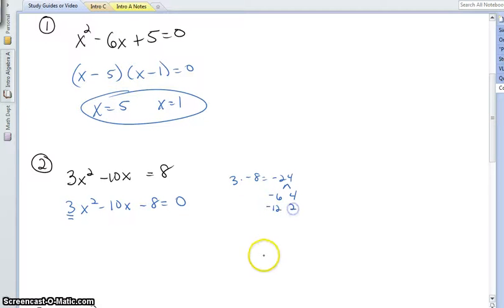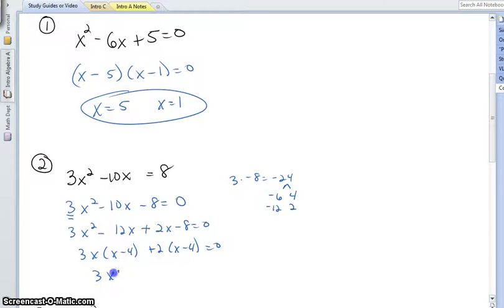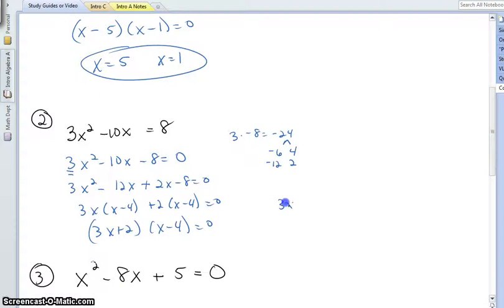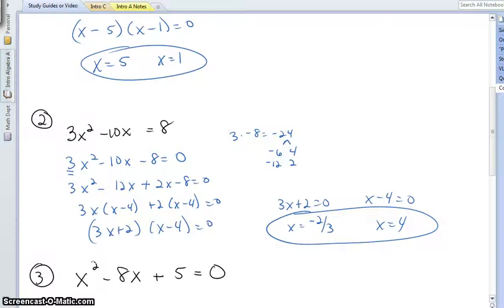Negative 12 and positive 2 do add up to negative 10, so I would factor this using the AC method. And your answers are negative 2/3 and 4.